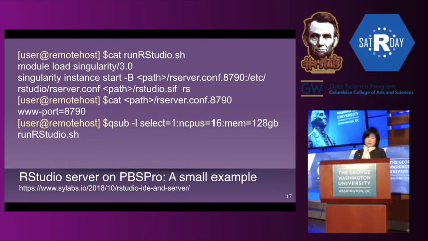In my own rserver conf file, there's only 1 line, and this is to change the default port of 8787 to 8790. You can add other options as well. And then you do a qsub like you normally do when you submit a job to the cluster, and now you get RStudio Server running.